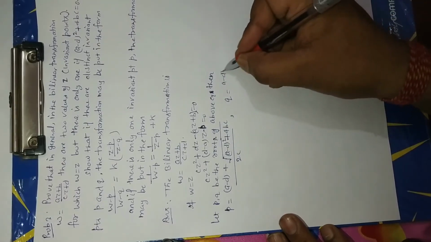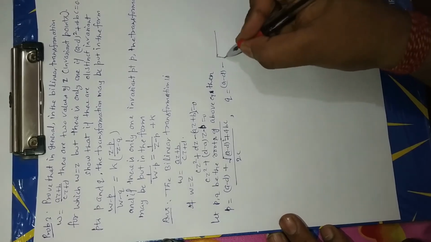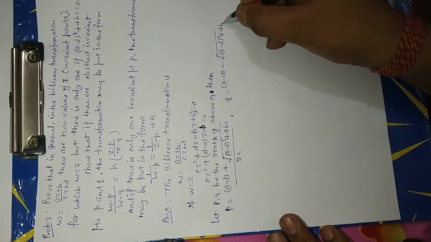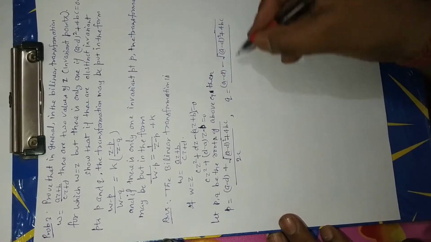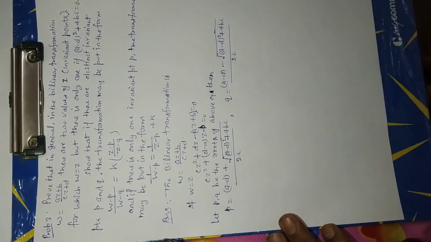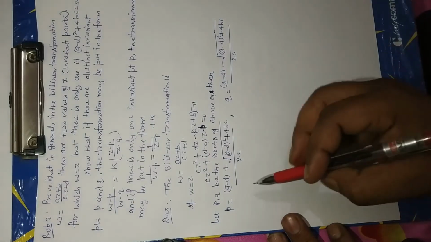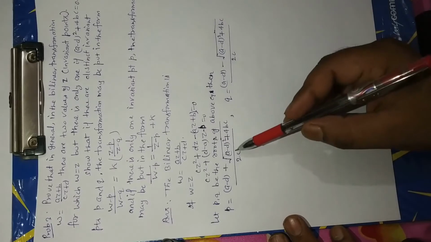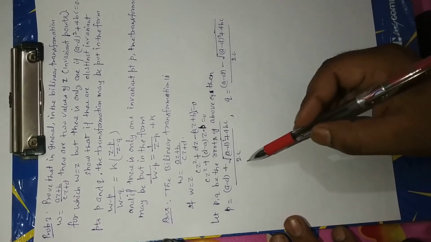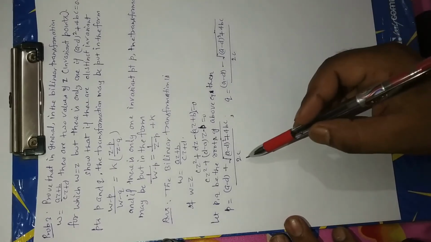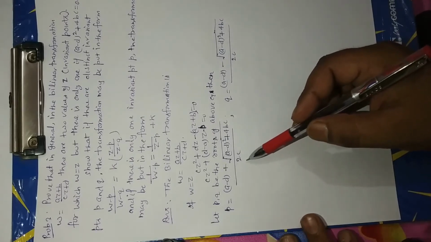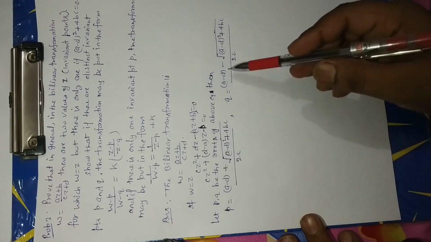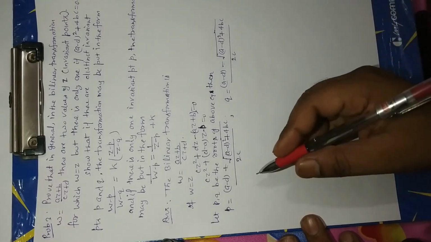Say Q is equal to A minus D minus under root (A minus D) whole square plus 4BC upon 2C. Now the formula is X is equal to minus B plus minus under root B square minus 4AC upon 2A. Now it is plus, here is minus.